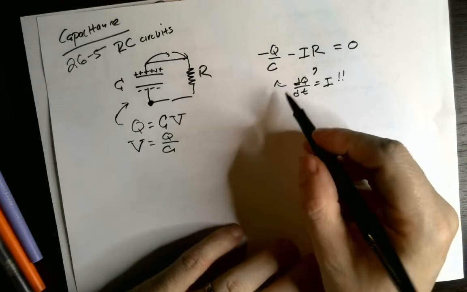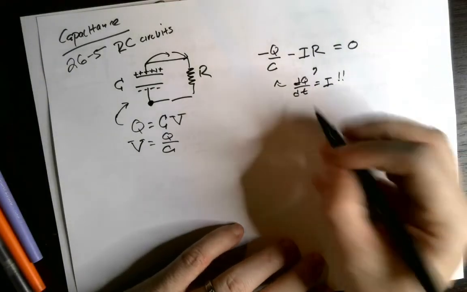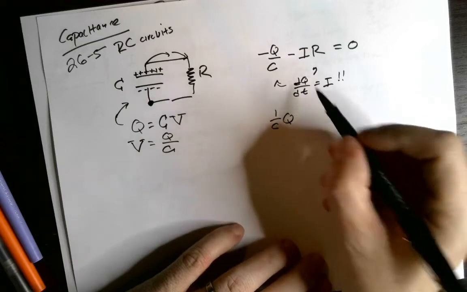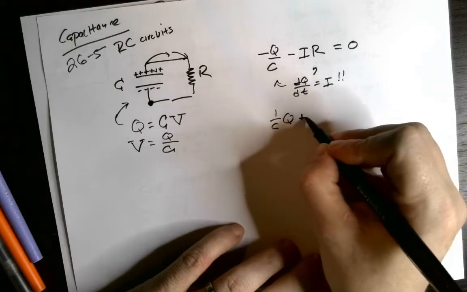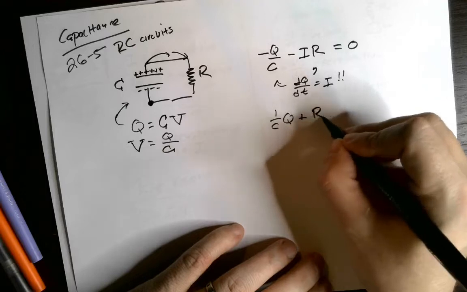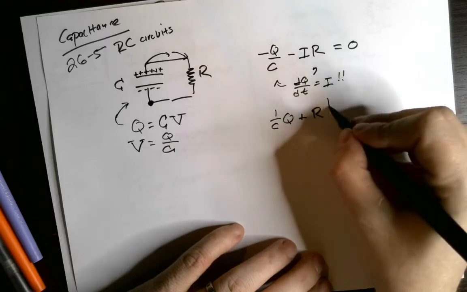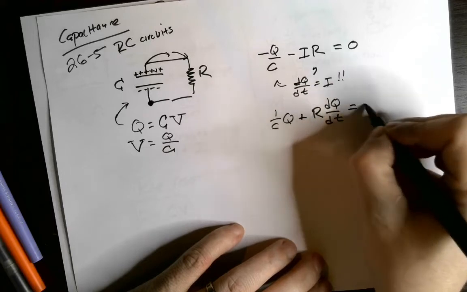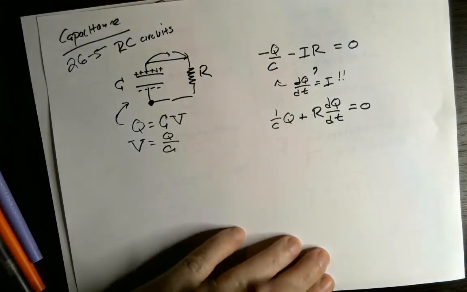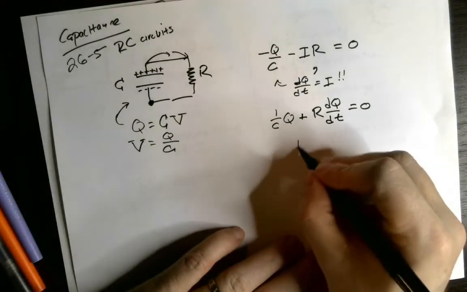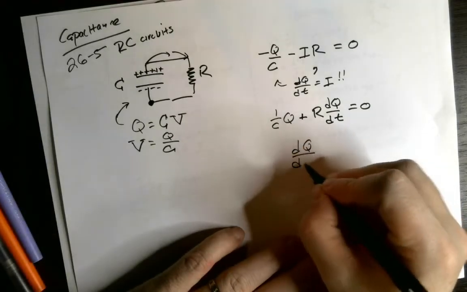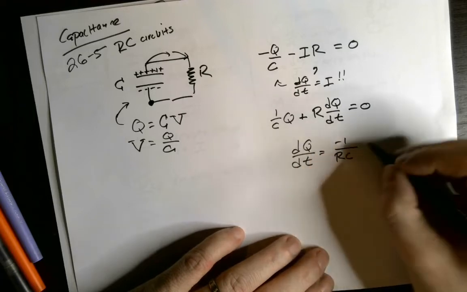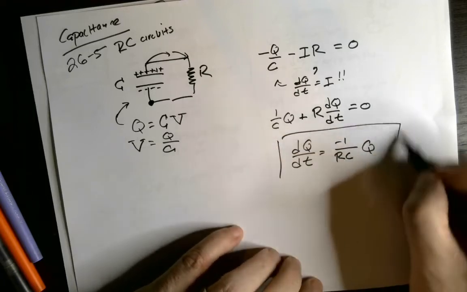So what we've got here is, I guess we can get rid of the negative sign, 1 over C times the charge plus the resistance times dQ/dt equals 0. We put the derivative on one side. What we've got is dQ/dt equals minus 1 over RC times Q.